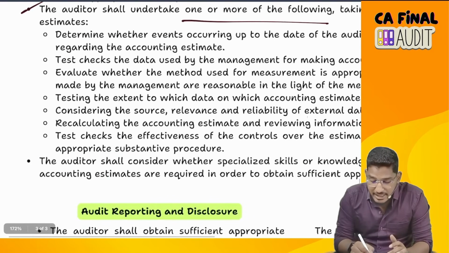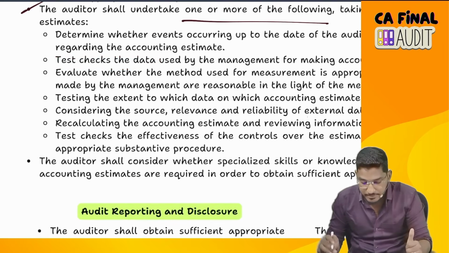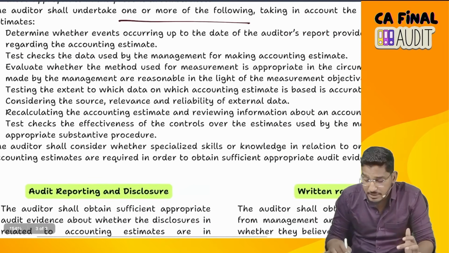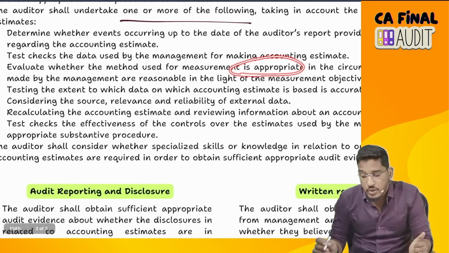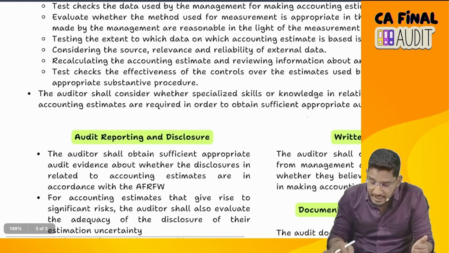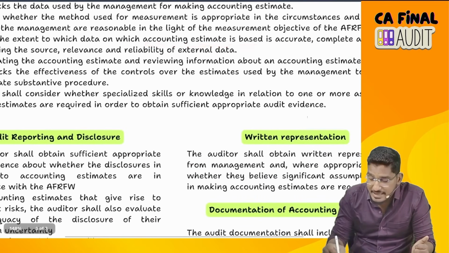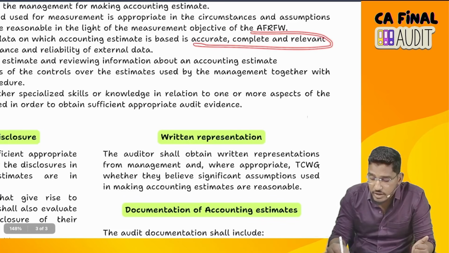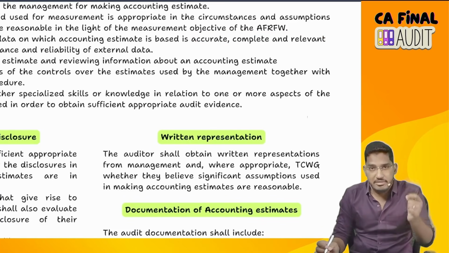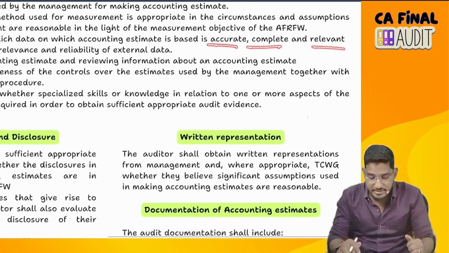Also test check the data management has used for creating the accounting estimate, and evaluate whether the method used by management is appropriate. Next, test the extent to which the data on which the accounting estimate is based is accurate, complete, and relevant. Whatever data management is using for calculating accounting estimates, is it accurate, is it complete, is it relevant?